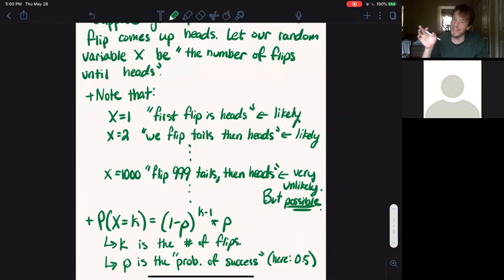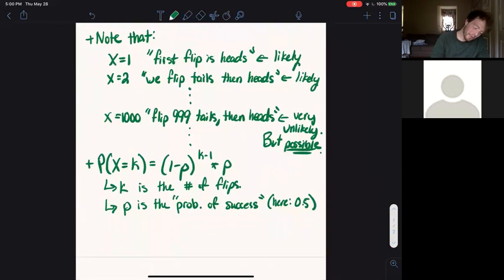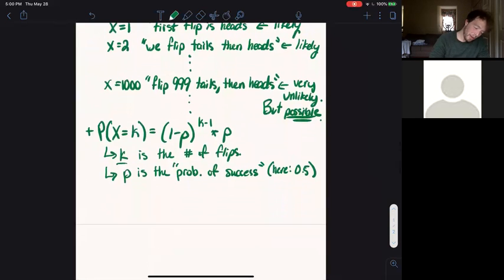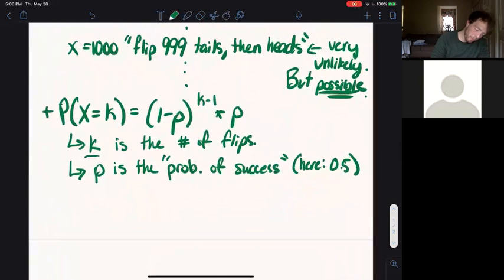It doesn't necessarily need to be coin flips, and p doesn't necessarily need to be 0.5. So we have these two values, k, which is the input that we put in to see what the probability is, and p, which is the probability of success.